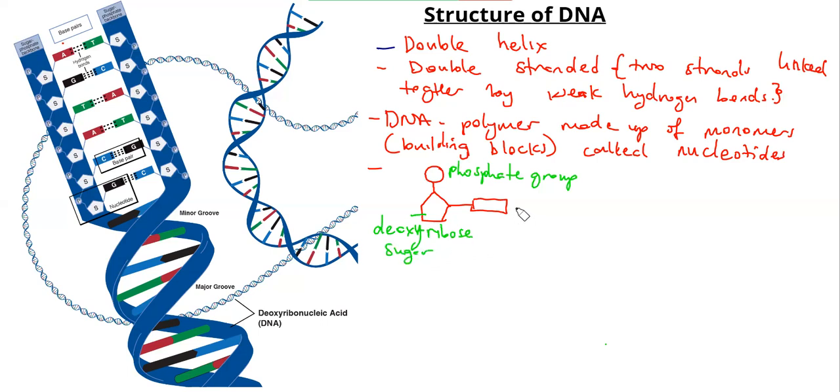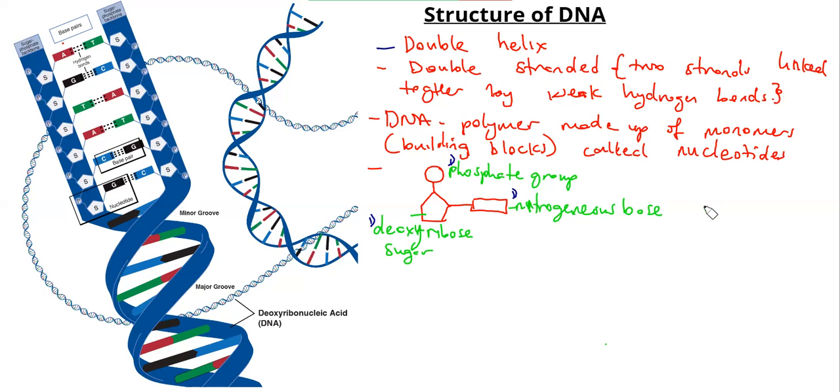Then we also have what we call nitrogenous base. Now, each nucleotide contains one nitrogenous base, one phosphate group, and also one deoxyribose sugar.